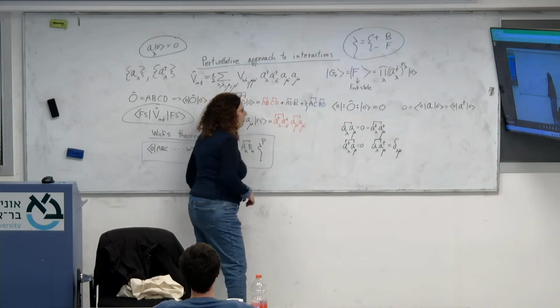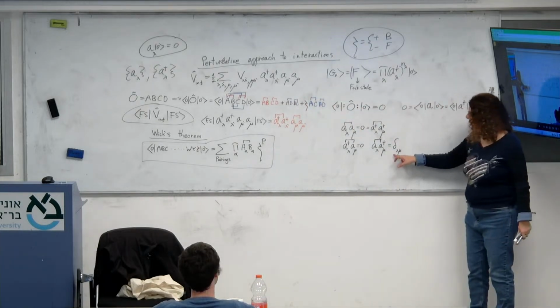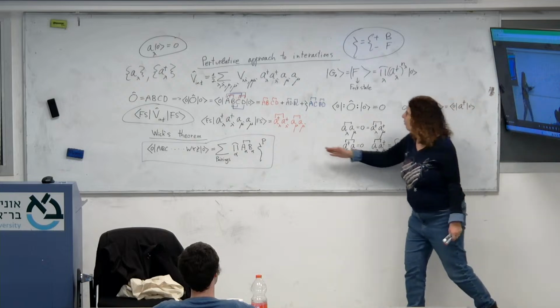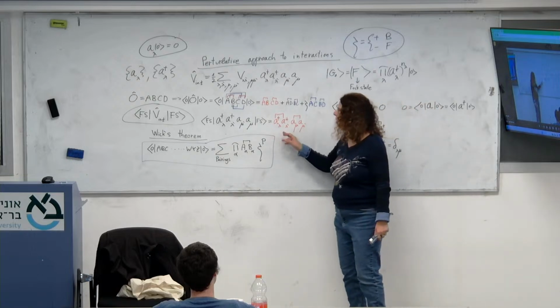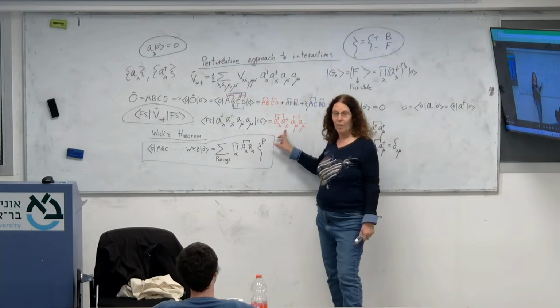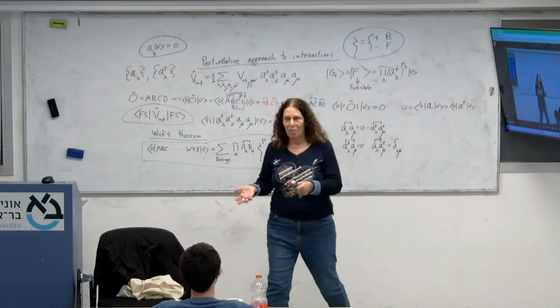But the contractor can only give you something non-zero if lambda equals mu. And that will never happen, because if lambda equals lambda prime, then both of them are either creation or annihilation.